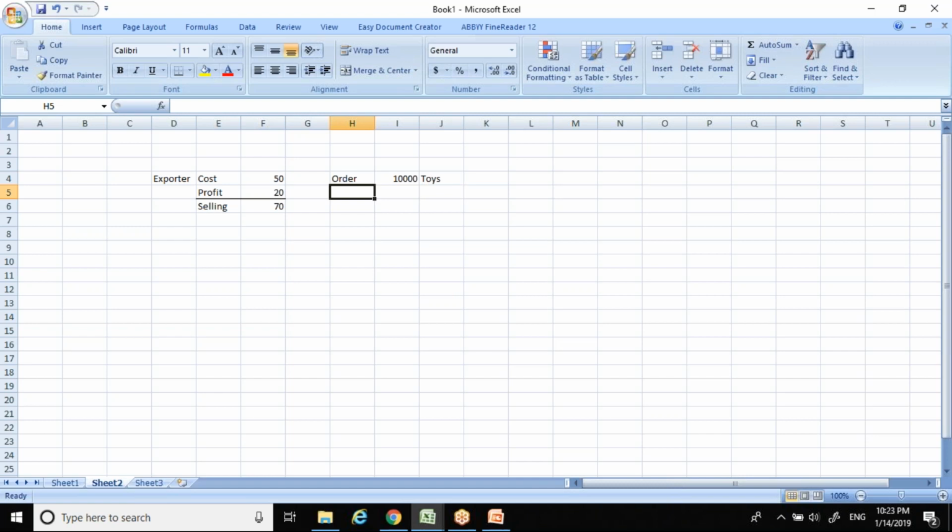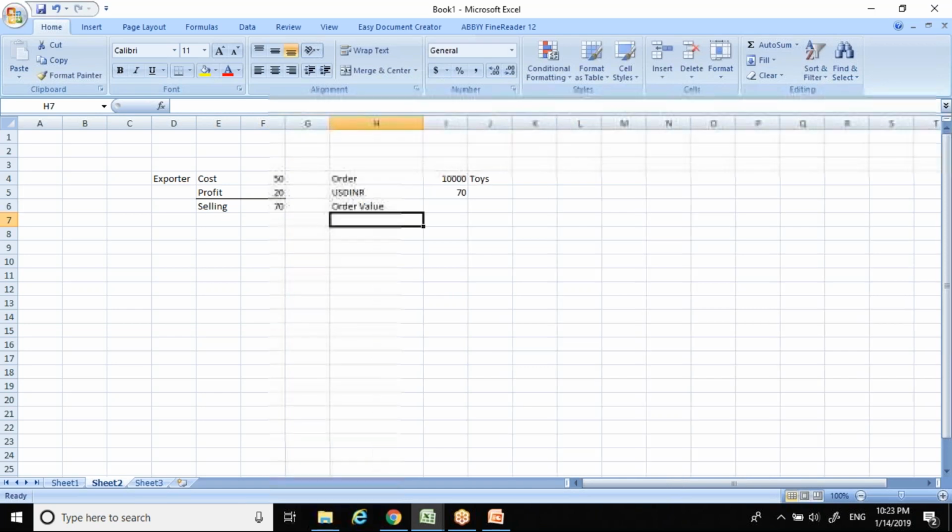Currently the USD INR price is around 70 per dollar. So consider an order value of 10,000 toys.